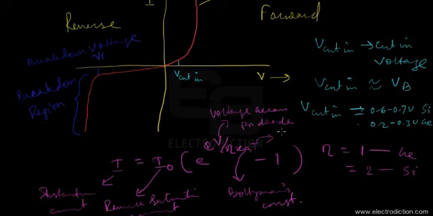So T represents the operating temperature of the diode. Right. So that's the equation required to calculate the instantaneous current through a diode for any given voltage across it under both the forward and the reverse bias conditions.